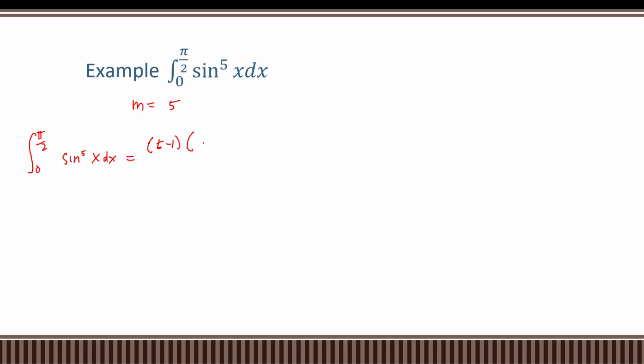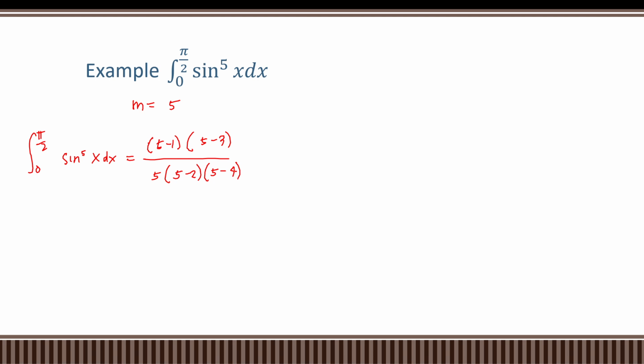Next is 5 minus 3, the remaining should reach 2 or 1, over the denominator, which is m, so 5 times 5 minus 2, then 5 minus 4.